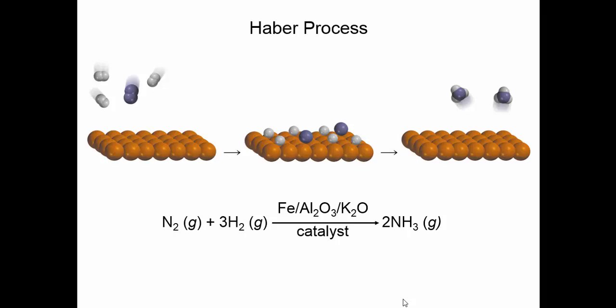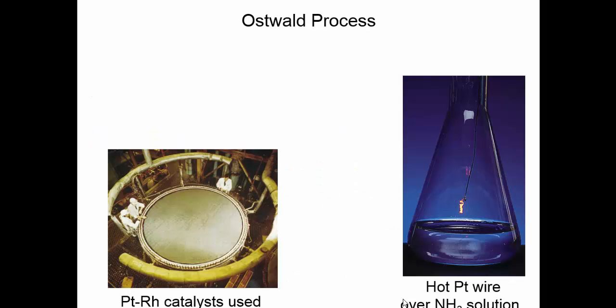That mixture alloy will bind the N2 and the H2 very effectively and promote the production of the ammonia. Notice again, the reactants are gases, but they sit down on a solid surface, which orients them better and makes the reaction much more favorable.